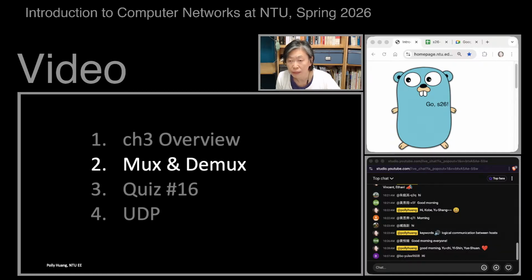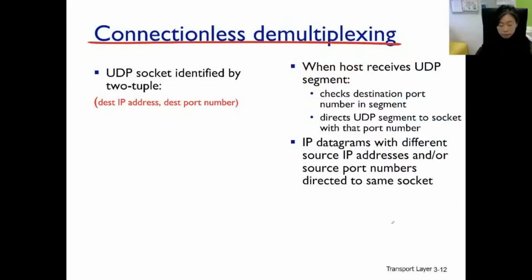All right. Now, next is to talk about two forms of multiplexing and demultiplexing. The first one is called connectionless demultiplexing, and that is done by UDP. In this type of demultiplexing, we rely only on the destination IP address and destination port number to decide which socket to pass a packet towards.